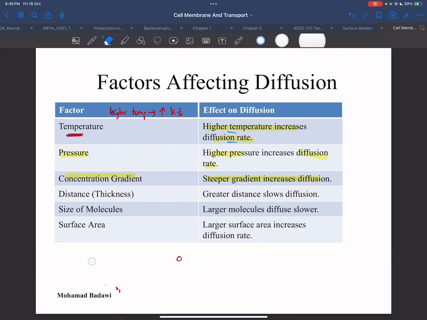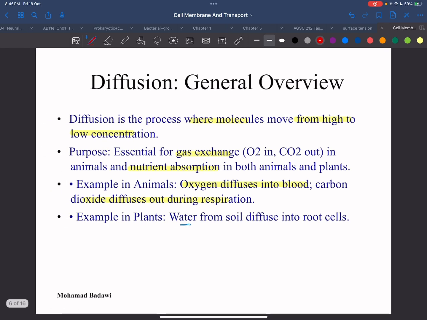Now what about the distance or the thickness? So of course greater distances to cover slows down diffusion. That's why in gas exchange, so here we said we have gas exchange as a process by diffusion, the cells in our body that are responsible for gas exchange have a very thin membrane.